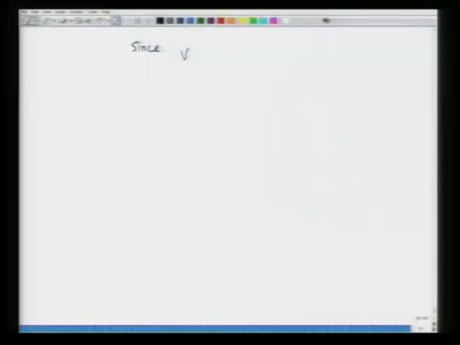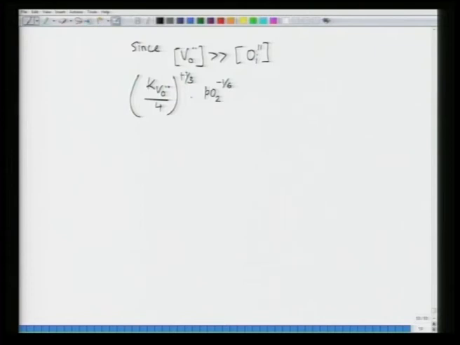So, for that, since VO is much larger than OI, if you now replace the VO value, which is KVO divided by 4 to the power minus 1 by 3 into PO to the power plus 1 by 3, this should be plus not minus, much greater than OI, which is Kf multiplied by KVO divided by 4 to the power minus 1 by 3 into PO to the power plus 1 by 6.